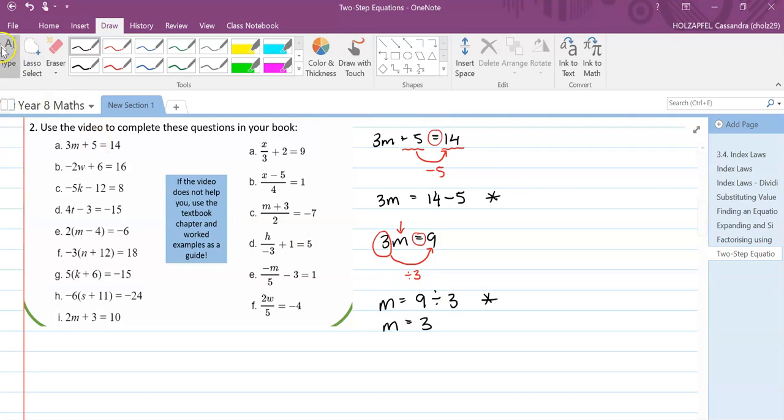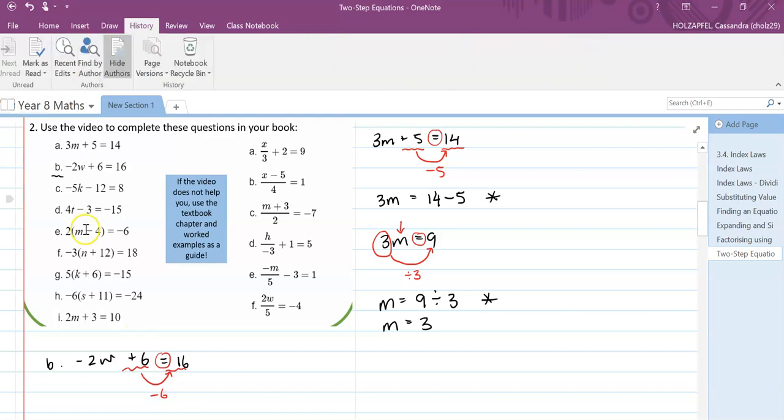Let's do another example now, and let's do a little bit less working out just to make it a bit quicker. We'll look at question B here. Question B, negative 2w plus 6 is equal to 16. The first thing I want to do is look for my family members. Now I'm going to collect my family members, and when we cross the bridge, we're going to turn into our opposite.